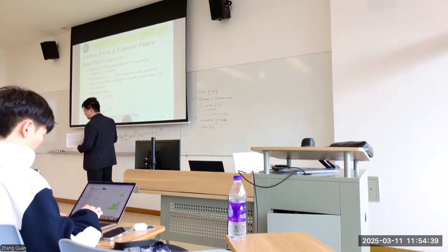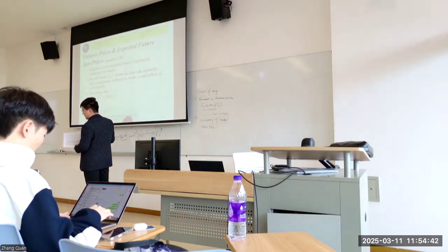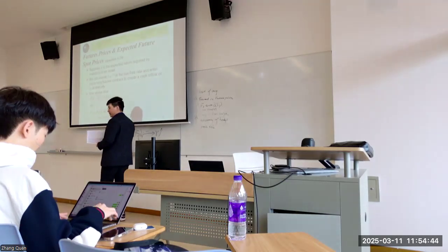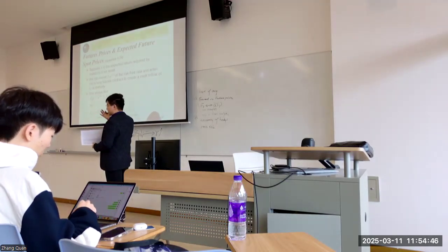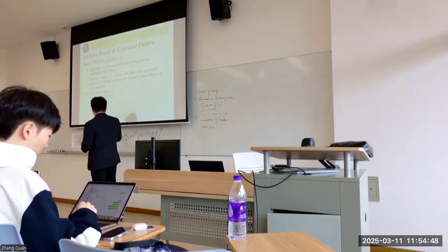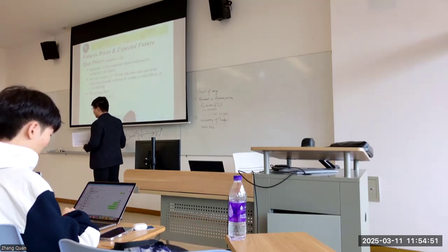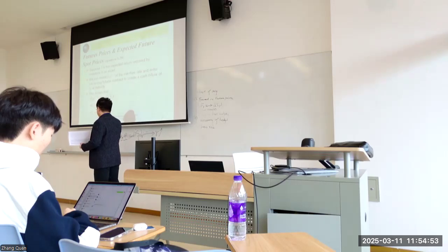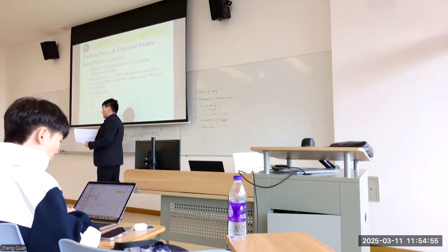Because the unsystematic risk of any asset should be easily diversified through holding a large enough portfolio, right? So only systematic risk counts when you measure the risk of one asset.